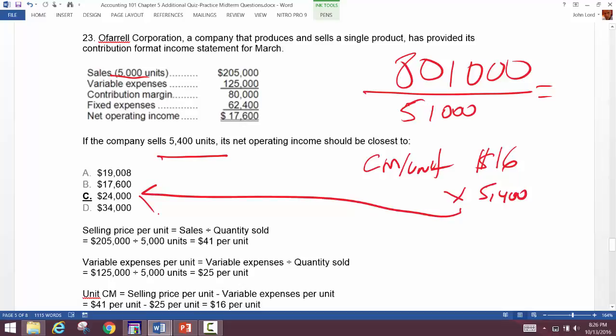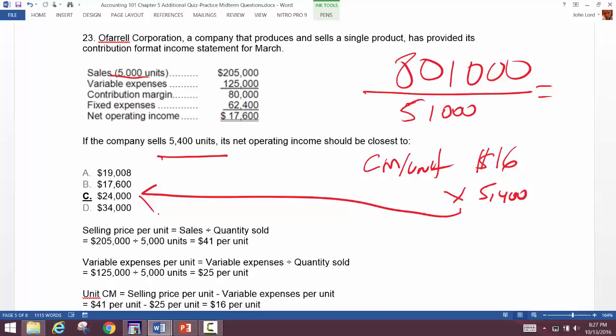Okay, then somebody gave me the wrong contribution margin per unit. 80,000 times 5 is what? Divided by 5,000? Impossible. $80,000 is the contribution margin divided by 5,000 units is $16 per unit.